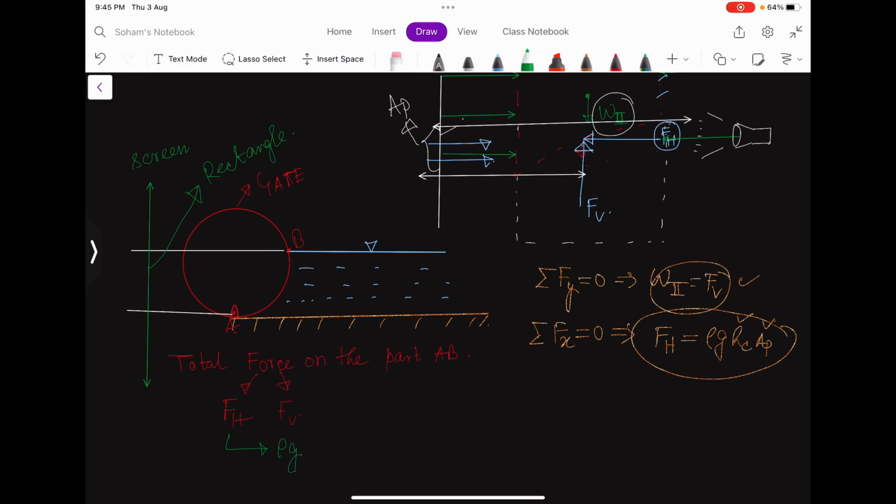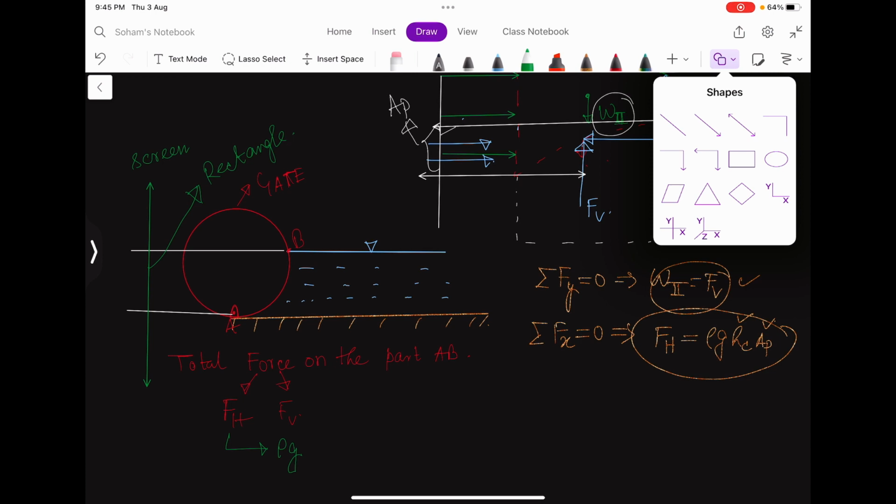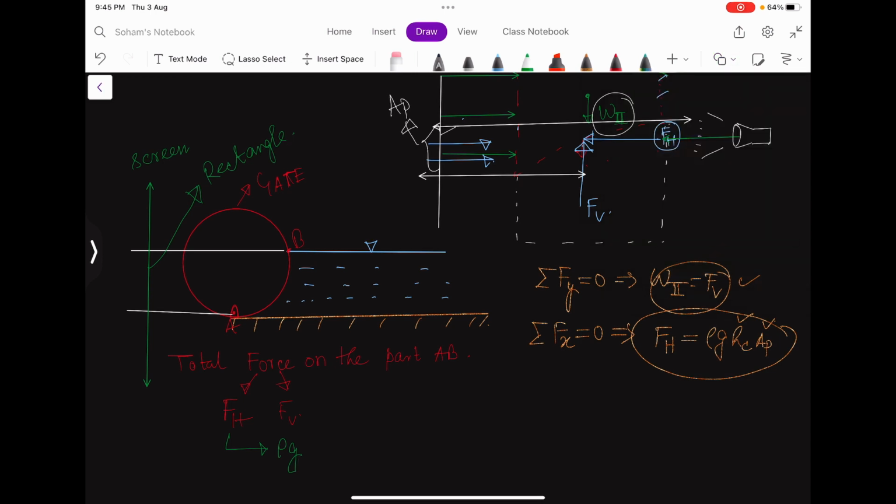Now what is the height of the centroid of this rectangle from the free surface? That is nothing but this, so this is r by 2.